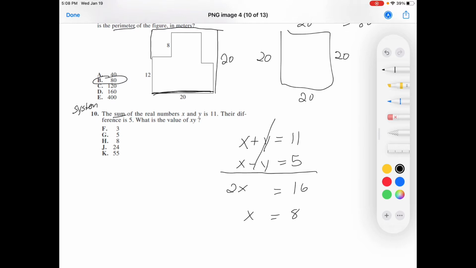And you can figure out y, now that you have x. 8 plus some number equals 11. y is going to be 3. And so those are my two numbers, 8 and 3. The question wants to know what is the value of x times y. So x times y, 8 times 3, gives me 24.